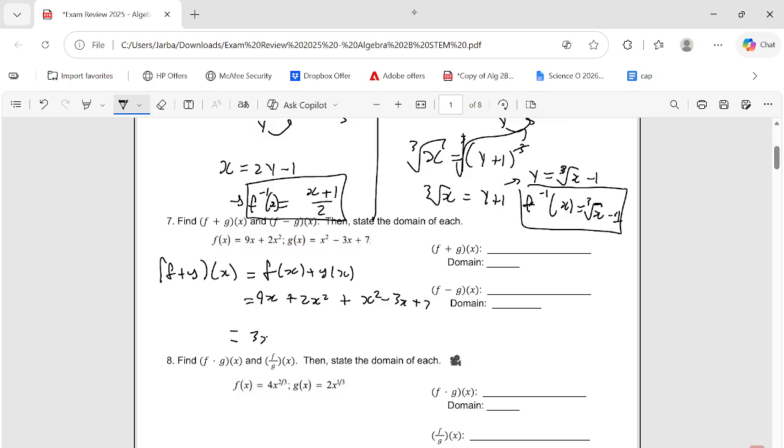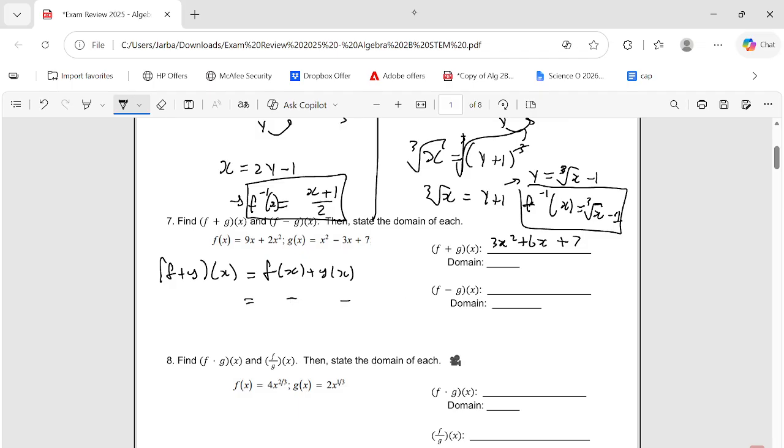That's 3x squared, if we combine like terms, plus 6x plus 7. That's our f plus g. So notice this is just a polynomial. In polynomials, their domain is all real numbers.